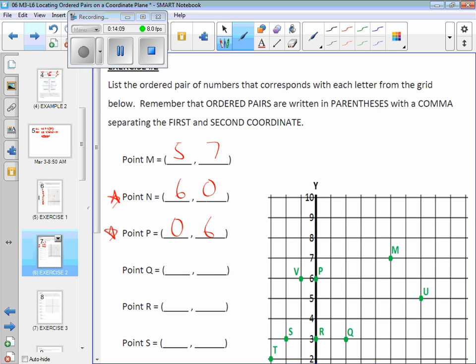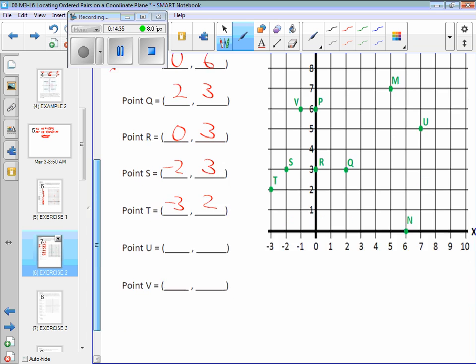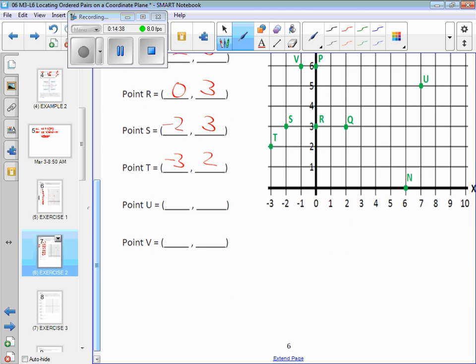Q. Great. R. 0, 3. S. T. U. And V. You want to try one?